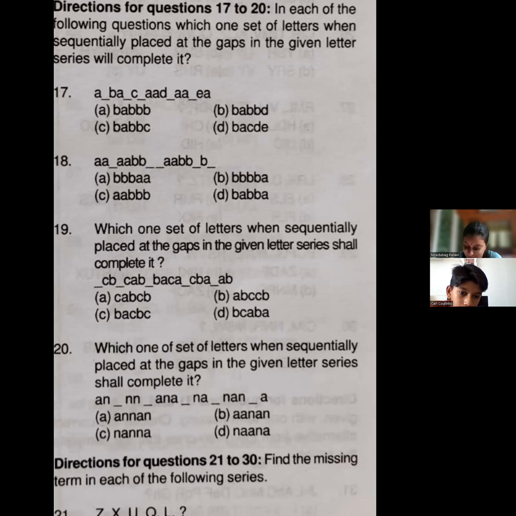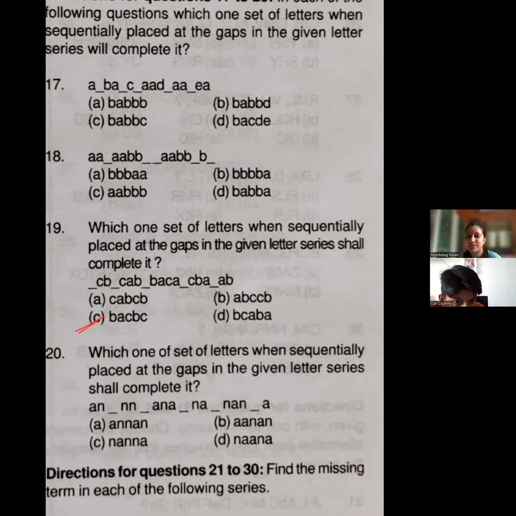You can pick any option. Let's see if that's correct or not. So according to me, the most suitable one should be the C part.